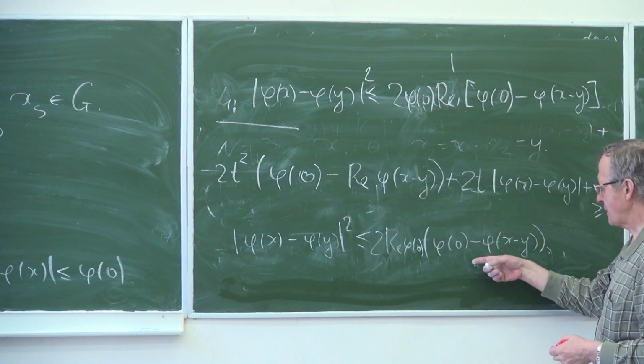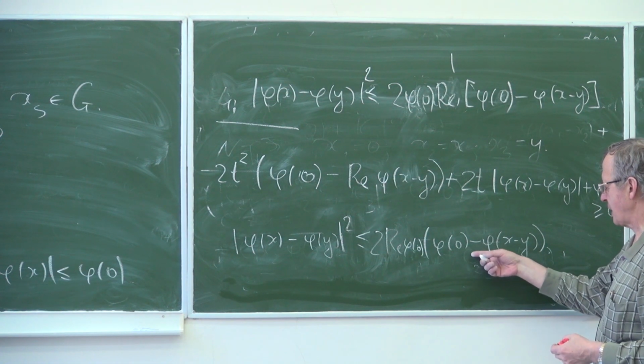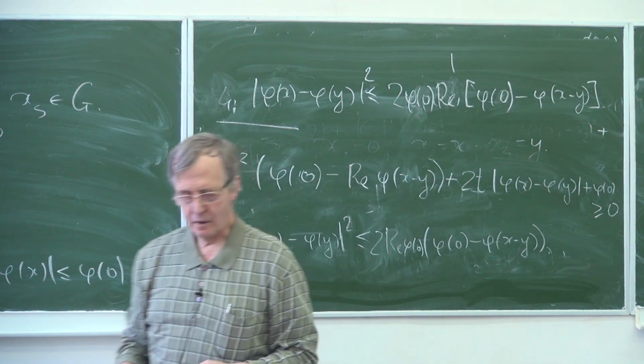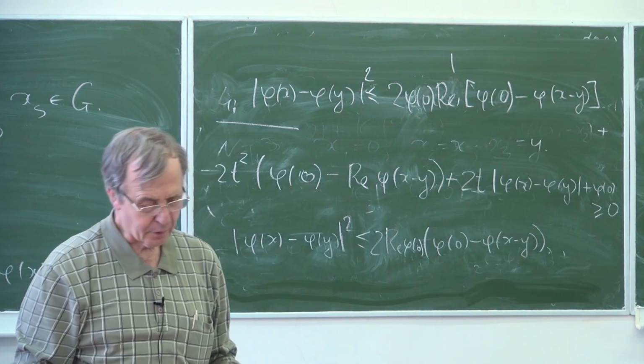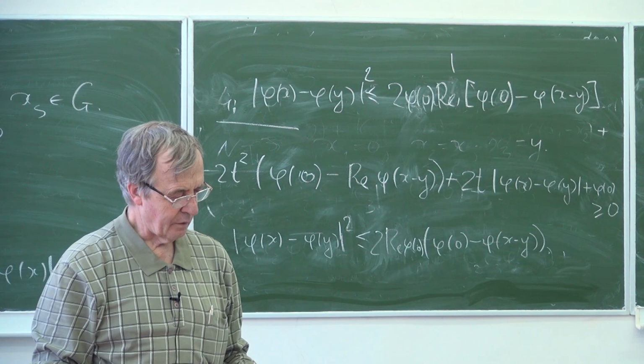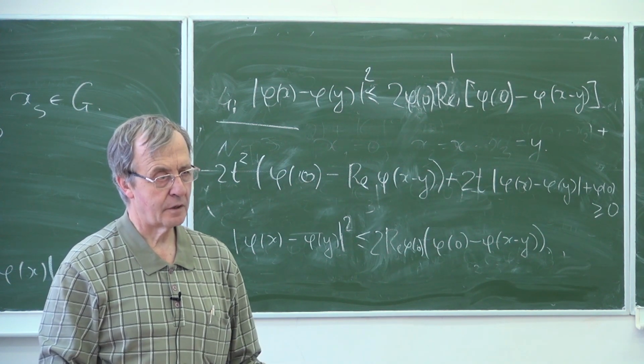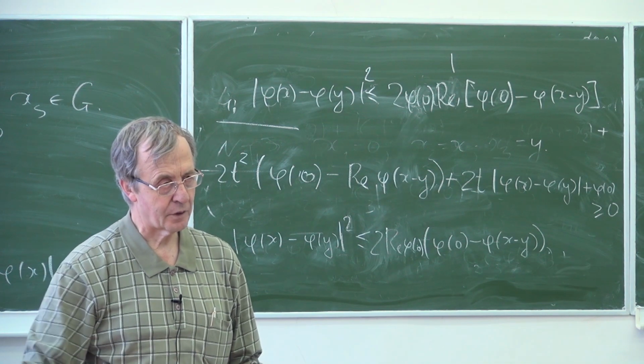In any case, this tells us that if phi is continuous, then it is uniformly continuous, but this uniform continuity is not very important. So if I only assume that phi is continuous, I can argue as I shall argue now.